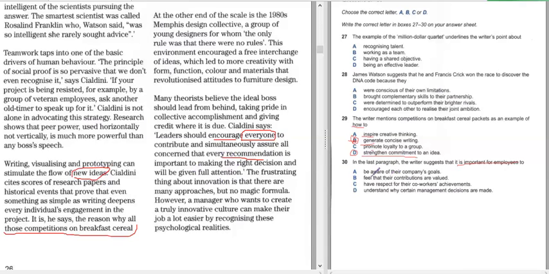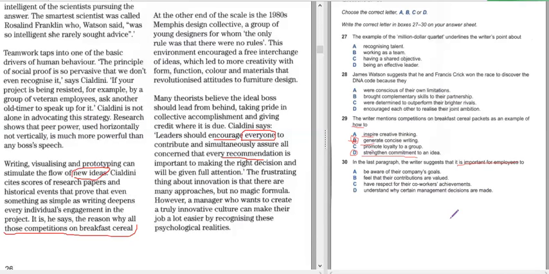I wrote it as A, which is wrong. Everyone to contribute, assure all concerned that every recommendation is important. Why A? Like, be aware of their company's goals. Where are they talking about goals?